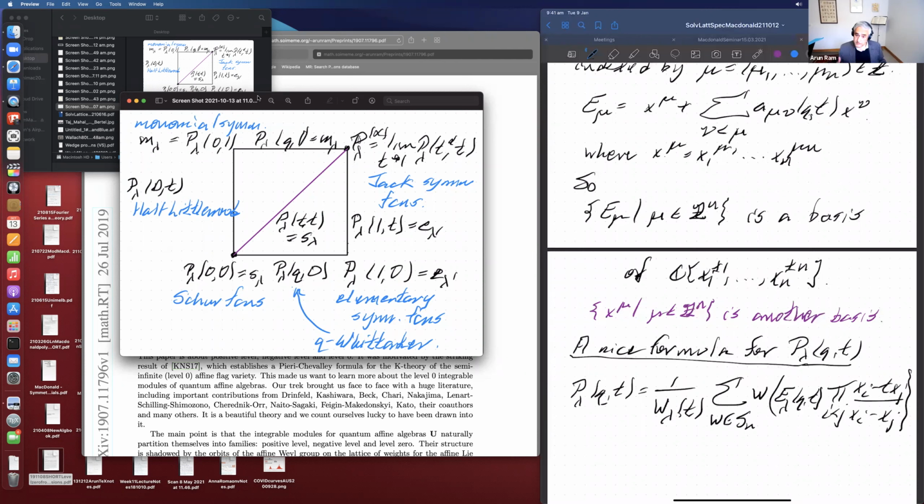So you want to symmetrize E_lambda, but with respect to this funny symmetrization that involves the c-function.